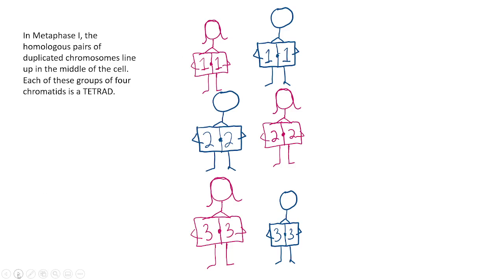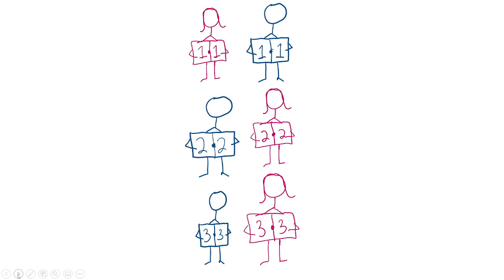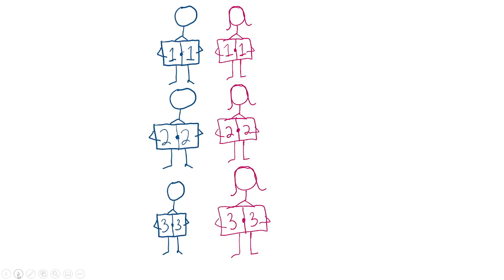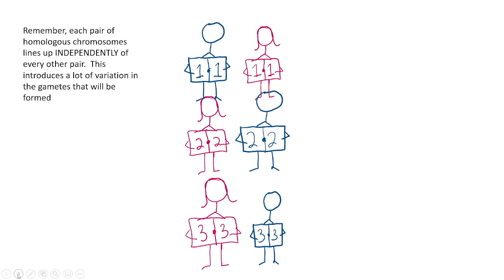Okay, now it doesn't matter. I've lined them up in one way, but they could just as easily have lined up like this. Okay, they could have lined up like this, or they could have lined up like this, and I didn't draw all the possibilities. This is the concept of independent assortment.